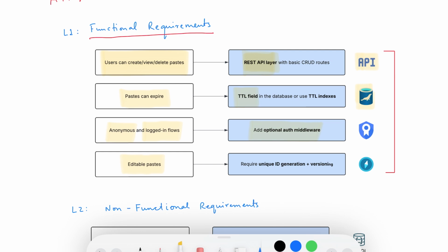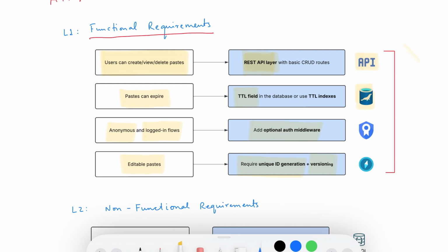The answer was yes, we need to support that functionality. So we implemented unique ID generation and versioning logic, because we want the ability to edit the paste. Using the IDs, we can fetch those pastes and perform update operations on them.